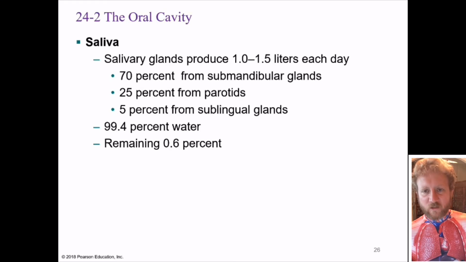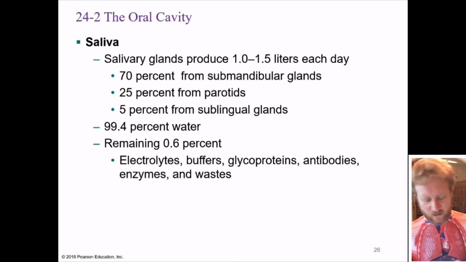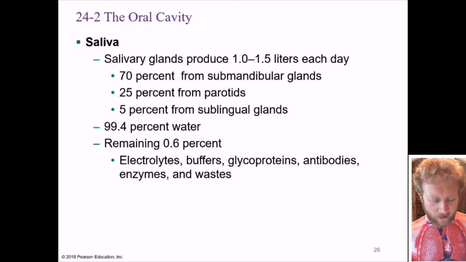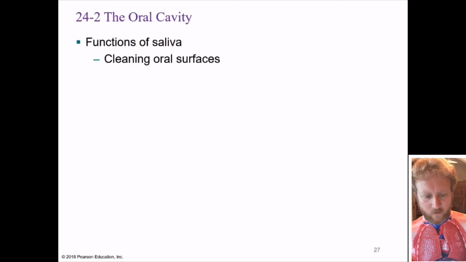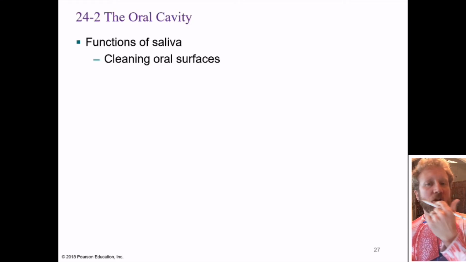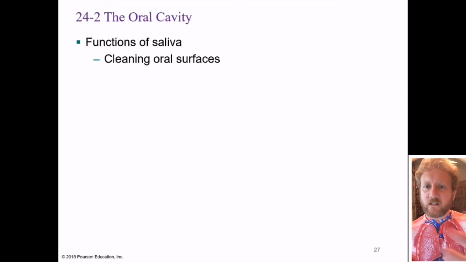The remaining 0.6% is a whole bunch of stuff: enzymes, electrolytes, buffers, antibodies, waste, loads of stuff that's in there. Primarily, it cleans oral surfaces, right, because of all those antibodies and stuff like that, helps remove that bacteria.